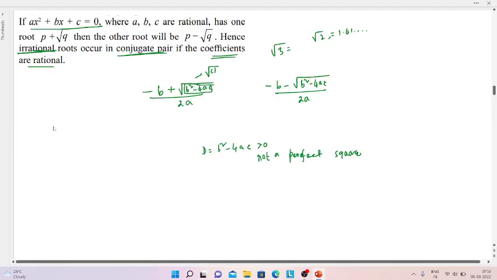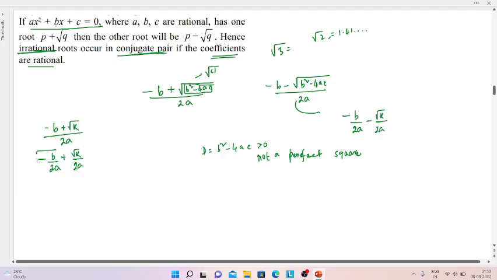So I can write this part as minus b plus root k by 2a. So I can write minus b by 2a and plus root k by 2a. Similarly, I can write this as minus b by 2a minus root k by 2a.